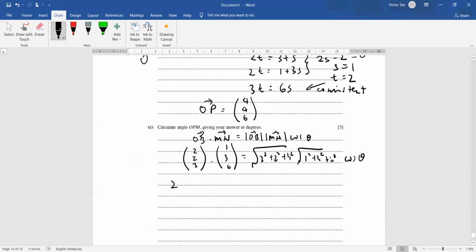So this will be 2 plus 6 plus 18, which is 26, equals root of 4 plus 4 plus 9, which is 17, times root of 36 plus 10, which is 46, cos theta. Solving this equation, you get theta equals degrees.